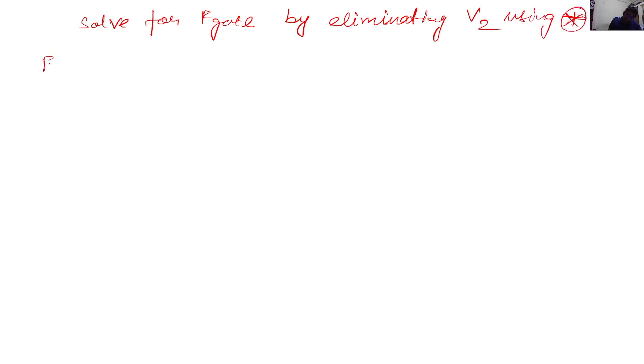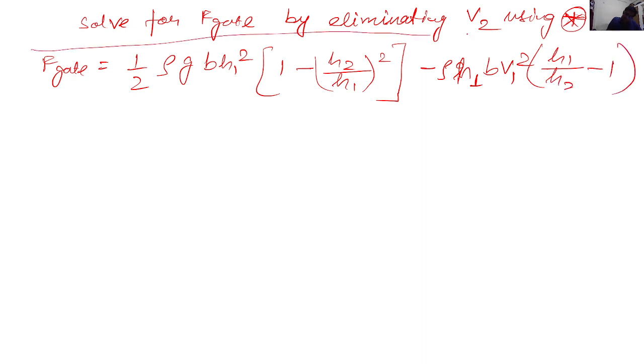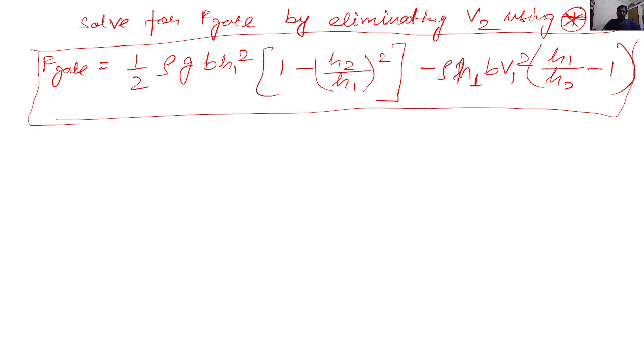So we finally get F gate equal to half rho g, that was gamma, B H1 square times (1 minus (H2 by H1) square), minus rho H1 B V1 square times (H1 by H2 minus 1). So this will be the expression of the horizontal force used to keep the sluice gate at its own position.